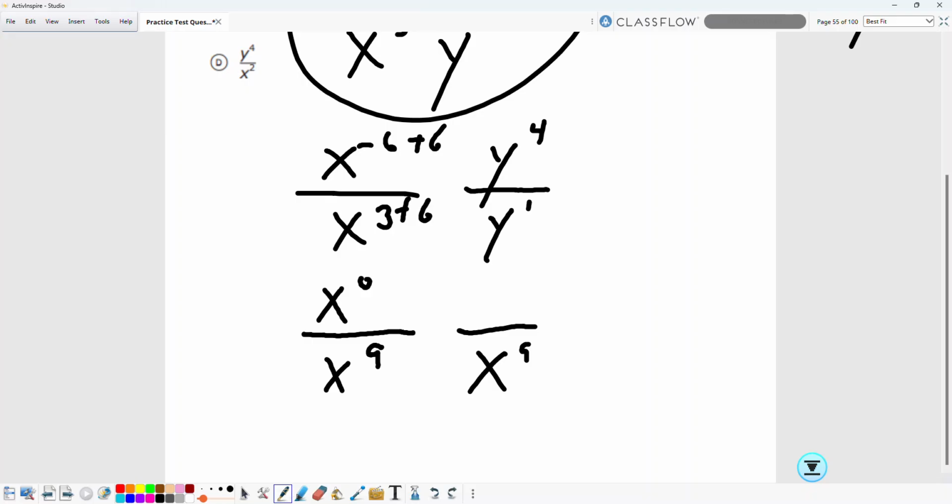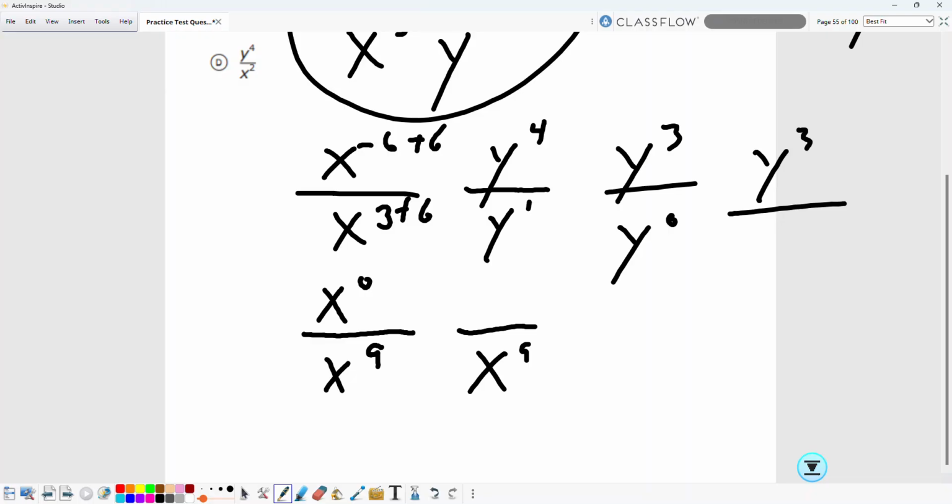Well, what if we took one away from each y? We'd have y to the third over y to the 0. So anything to the 0 power goes away. So that's really y to the third over nothing.